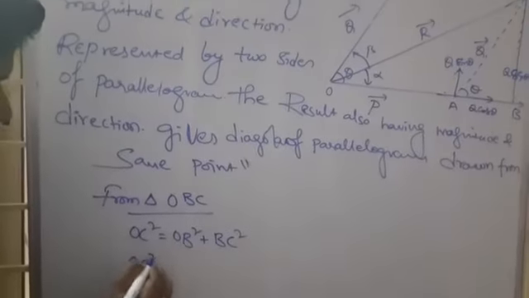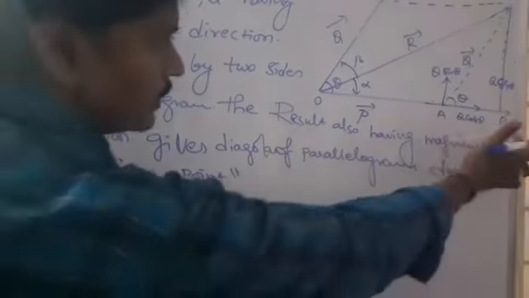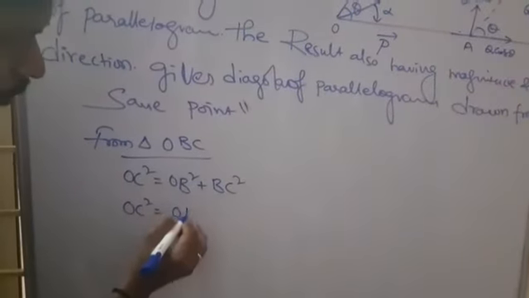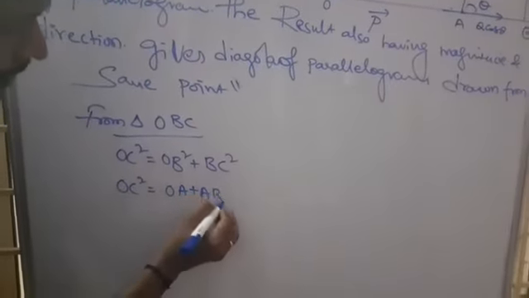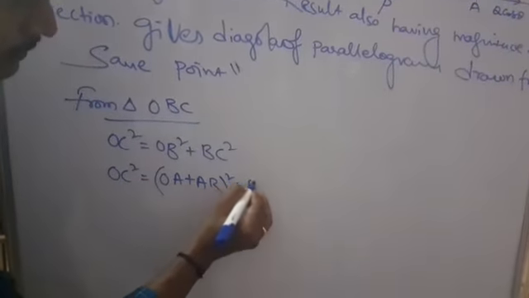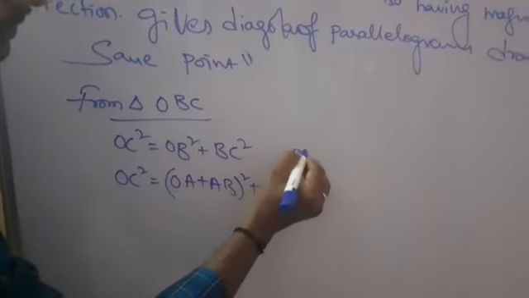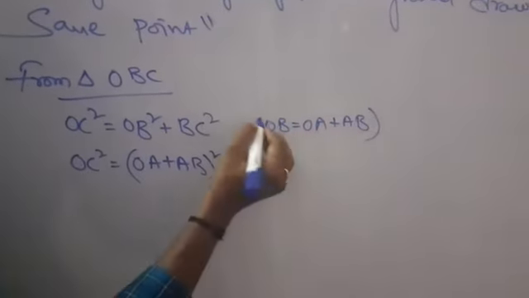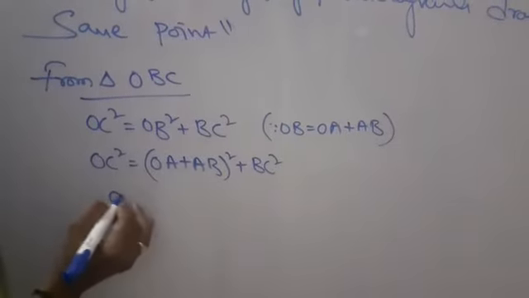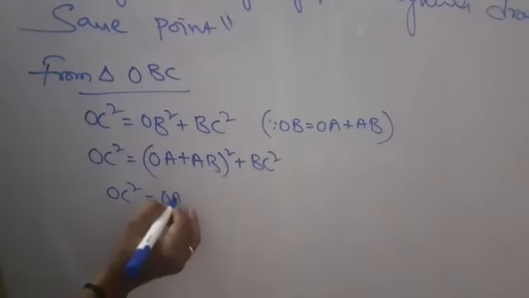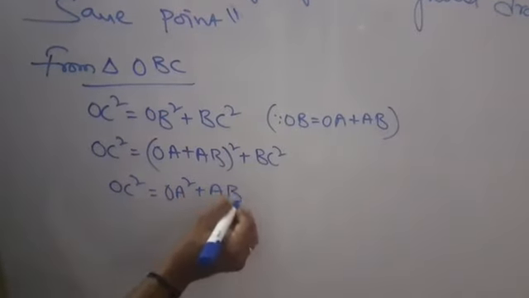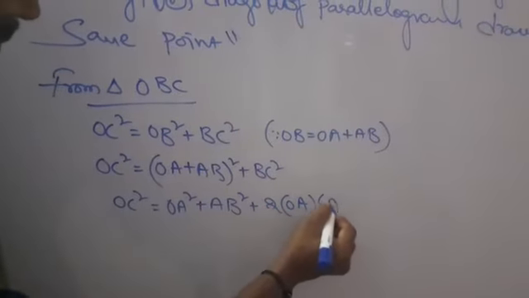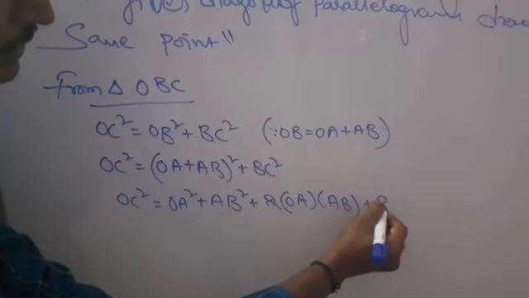OB is nothing but the sum of OA plus AB, so OC square is equal to OA plus AB whole square plus BC square. OC square is equal to OA square plus AB square plus 2 into OA into AB plus BC square.